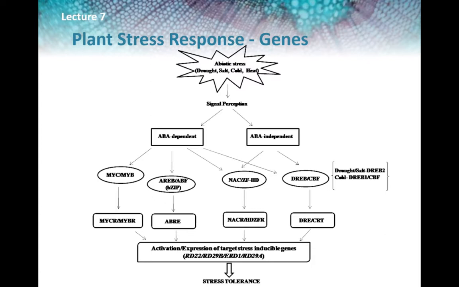The regulons shown belong to the MYC, MYB, BZIP, DREB, and NAC families. For each regulon, the name of the DNA cis element bound by the transcription factor is shown. Cis-acting elements are shown in boxes, and target stress-inducible genes are shown in a long rectangular box at the bottom.